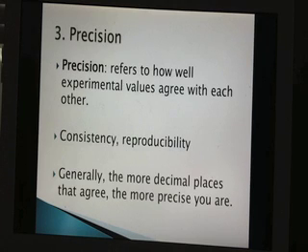And this is different from precision. Precision refers to how well experimental values agree with one another. I like to think of precision as consistency or reproducibility. Generally, the more decimal places that agree, the more precise you are.